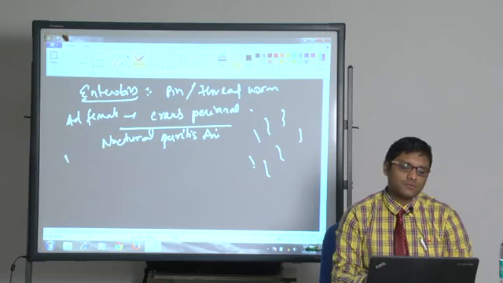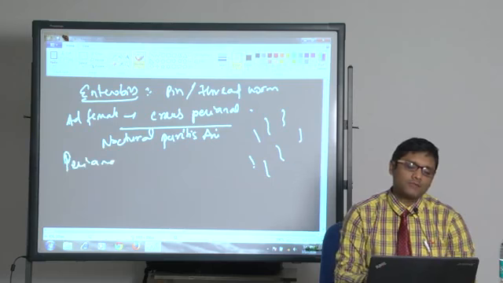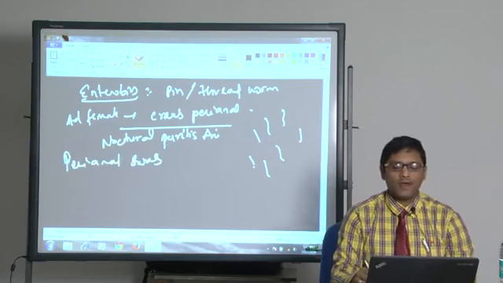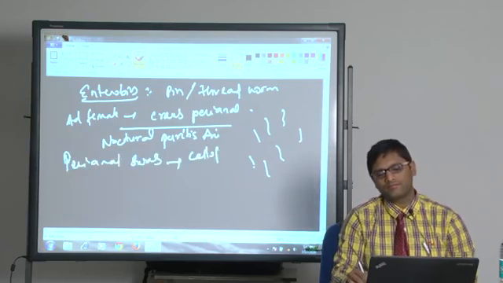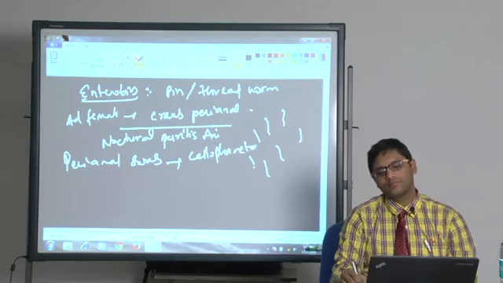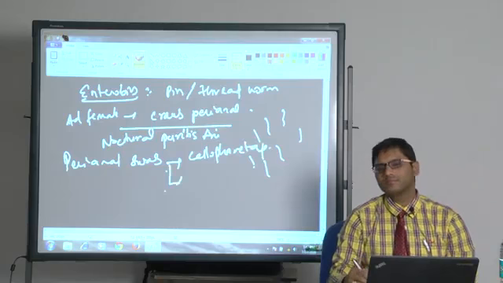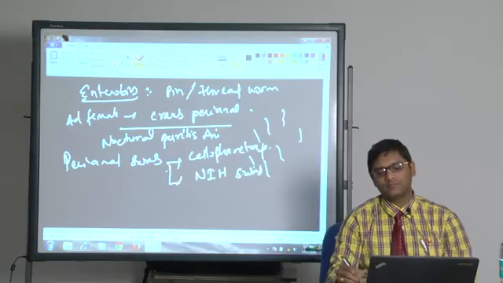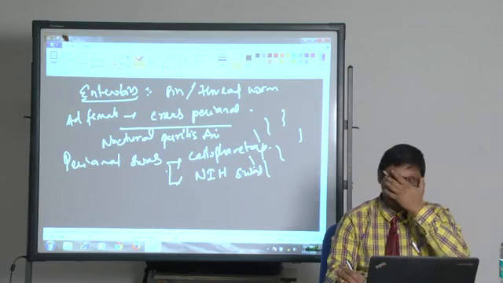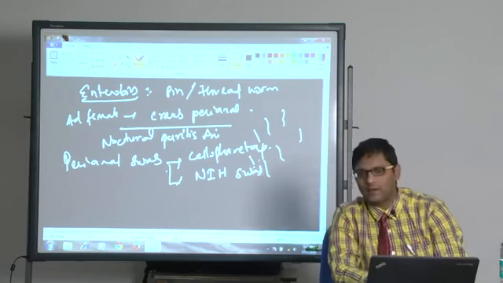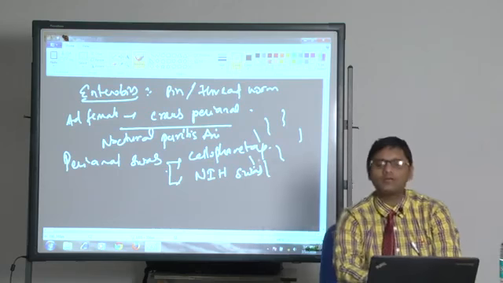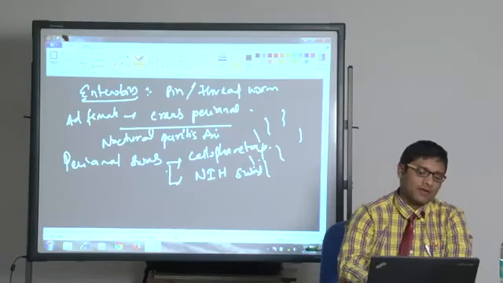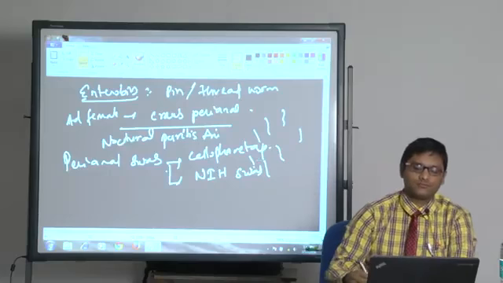The specimen of choice is perianal swab, either by a cellophane tape or by a specialized swab called the NIH swab. NIH, that is National Institute of Health swab, is a specialized swab designed to collect perianal swab for Enterobius.